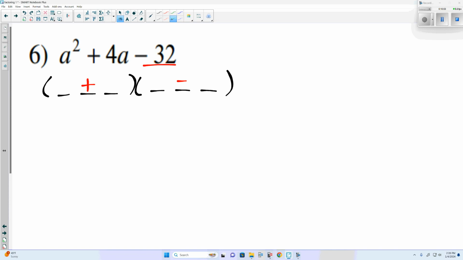At this point here, we want to find the factors of the first and third term. So our factors of a squared and 32. Well, the factors of a squared are a and a. There's no other number in front of a squared besides 1, so it's just going to be a and a. Now we do need to find the factors of 32, which unfortunately is not just one set. There are multiple.